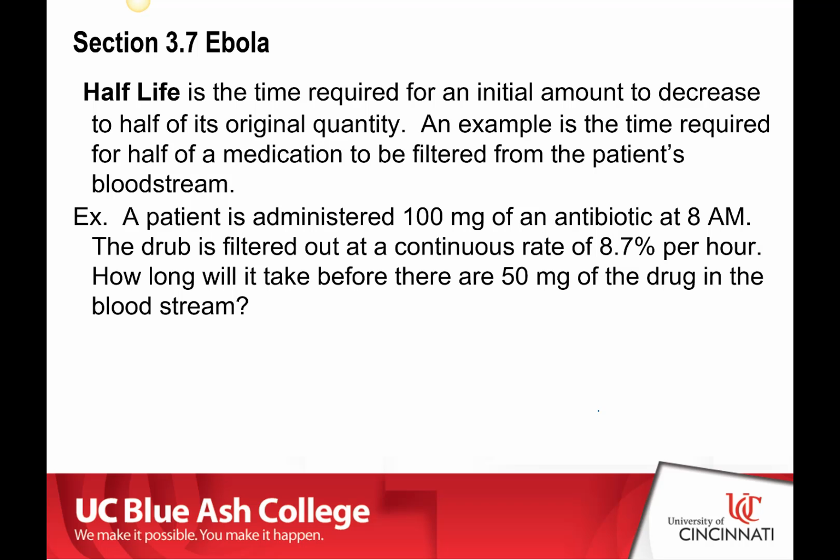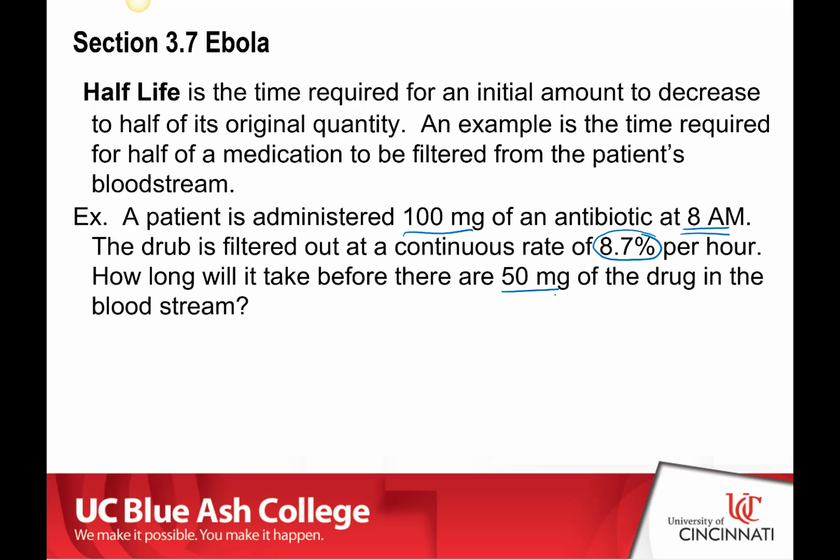Another example where half-life comes into play in a medical situation is where you're looking at something like antibiotics. Let's say a patient is given 100 milligrams of an antibiotic at 8 a.m. and the drug is filtered out at a rate of 8.7% an hour. So that means at 9 a.m., 8.7% of the 100 milligrams will have been filtered out by the liver, the kidneys, things like that.